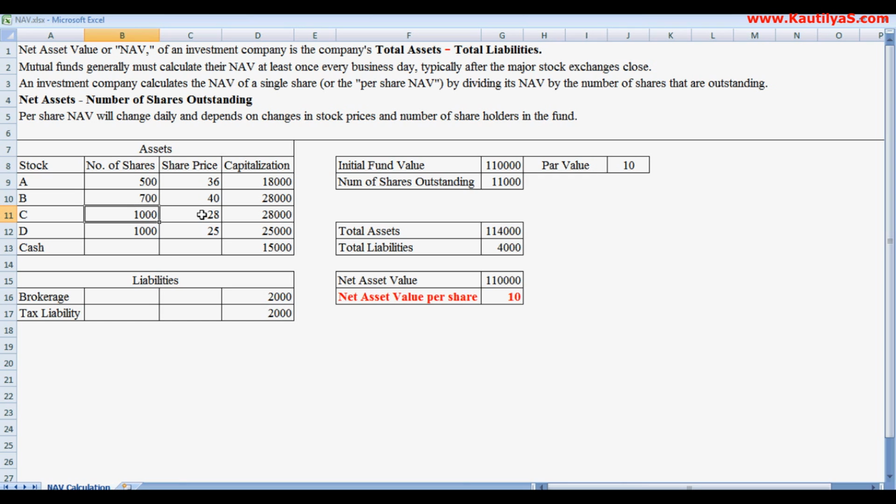So 8,000 we spent here, and cash increases by another 10,000, to 25,000. So our net asset value is 10.91. And if the price of this stock increases from 40 to 50, our net asset value also increases. That means the net asset value per share depends on fluctuations, increases or decreases in share prices, as well as on the assets under management or fund value.